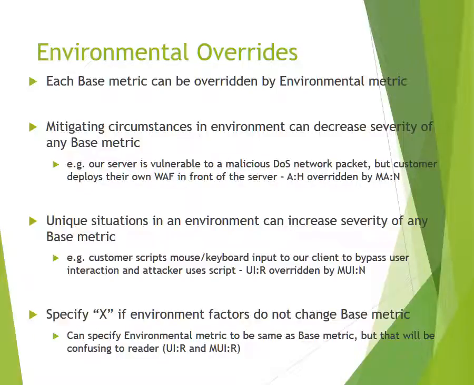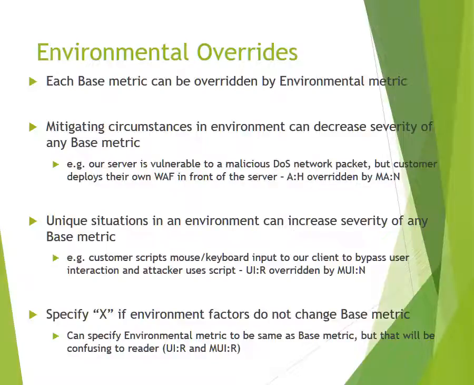So for all of these 8 environmental overrides that correspond to the base metrics, you can specify X if the environmental factor doesn't change the base metric. Now, you can specify the environmental metric to be the same as the base metric. In this case, you could say there was a requirement for user interaction, and in my environment there still is a requirement for user interaction.